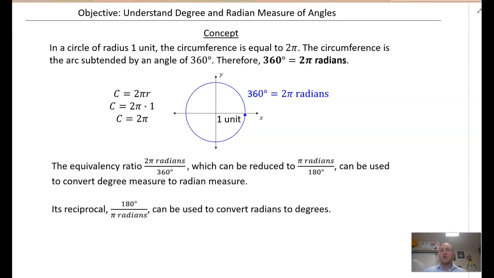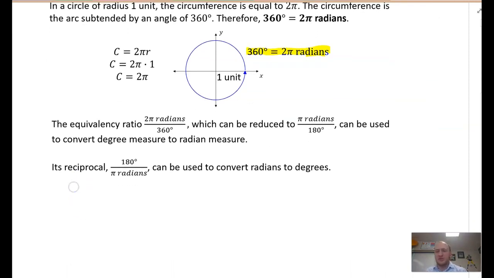Okay. So therefore, here's where we get our conversion rate. 360 degrees is equal to 2 pi. So you just need to know, once all the way around the circle, that's 360 degrees. Well, it's also equal to 2 pi. Pretty easy, right? Circumference formula is 2 pi r, so 2 pi. All right, so we're going to reduce this.